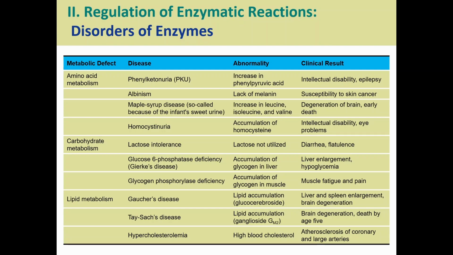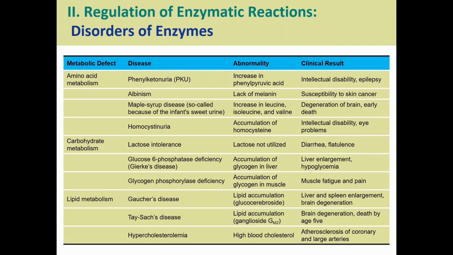And so someone with albinism would be extremely susceptible to skin cancer compared to the average person. And so this person would need to be heavily invested in using things like sunscreens and other protective measures. It can also lead to some other issues, including with vision.